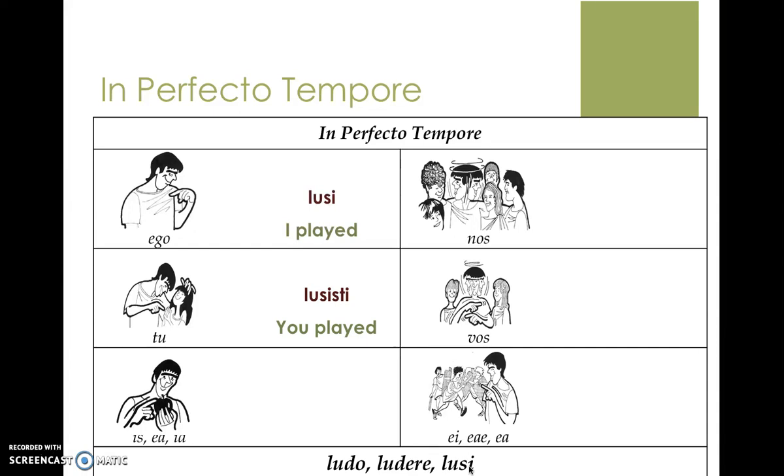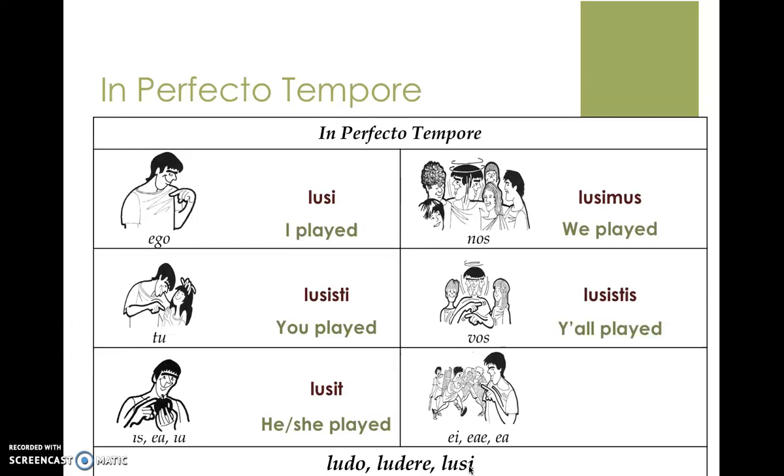And then for the he, she, it, the cow, the monkey, the farmer played, it'd be lusit. To say the nos form is lusimus, we played. For the y'all form, vos, it's lusistis, y'all played. And then to say he or she plural, or the cows or the farmers, that would be luserunt, they played.